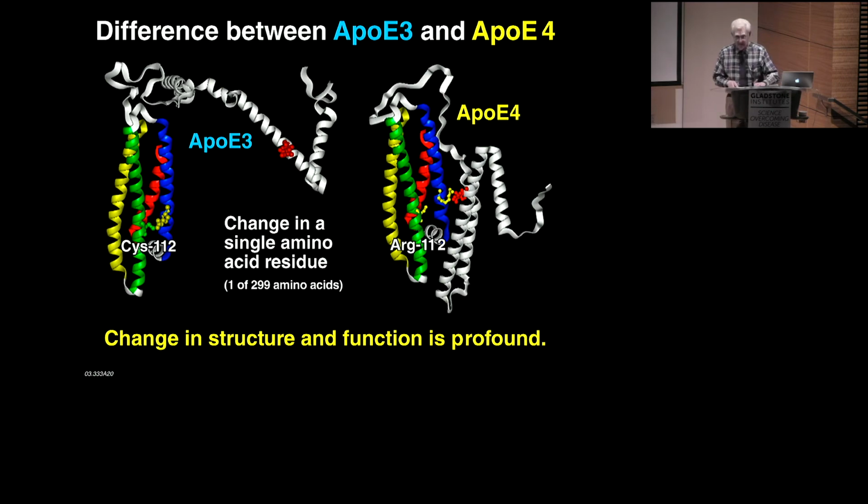Now, as I've already said, ApoE3 and ApoE4 differ by single amino acid interchanges that occur at residue 112, where ApoE4 has arginine at this site, ApoE3 has cysteine at that site. And this single amino acid change has a profound effect on both the structure and the function of ApoE4, as illustrated here.